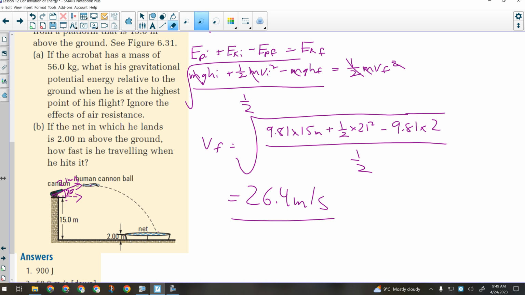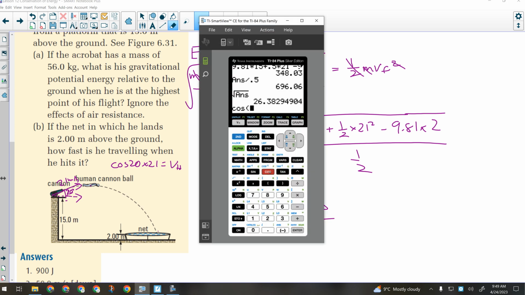Since it's the adjacent side, it's just going to be the cos of 20 times 21, to get v horizontal. So cos of 20 times 21. They're moving at 19.7 meters per second when they're at their highest point in the flight.